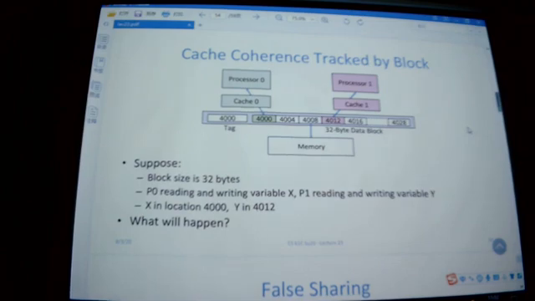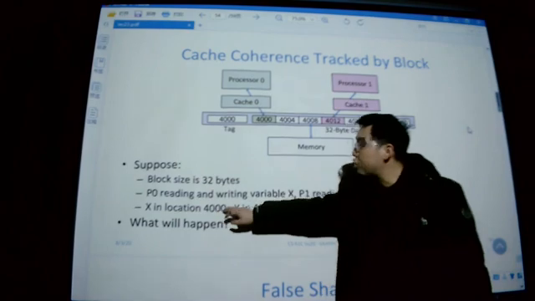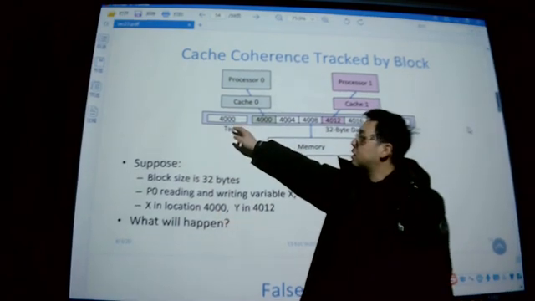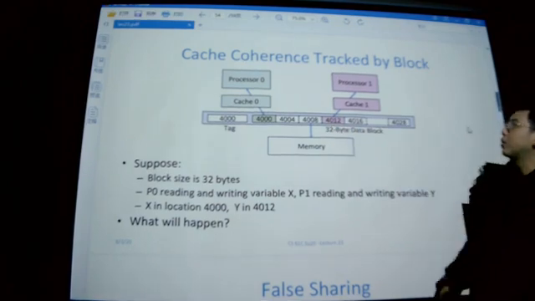P0 is processor 0, reading and writing variable X. P1 is reading and writing variable Y. X is in location 4000. Y is in 4012. This is the address. This is 4000. This is 4012.